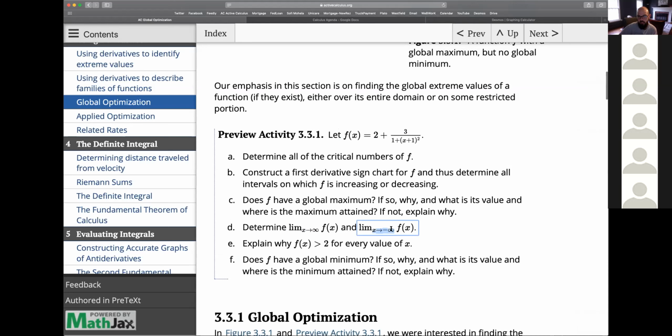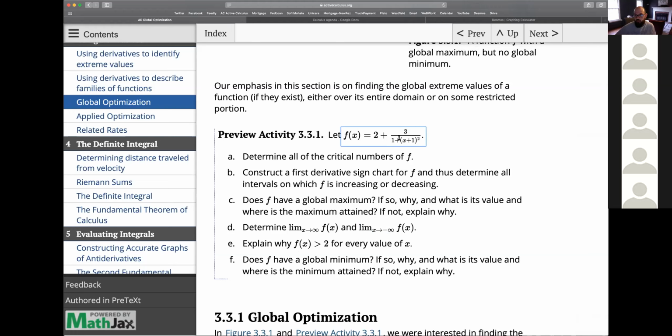And same when x becomes negative, right? So if x is a big negative number, still this is going to be 3 divided by something really, really big. So this will be a small number. So it'll be 2 plus something really, really small in either case. So we're going to see that the limits go to 2, right? But this term is positive. We have a +3, a +1, and something squared is always positive.